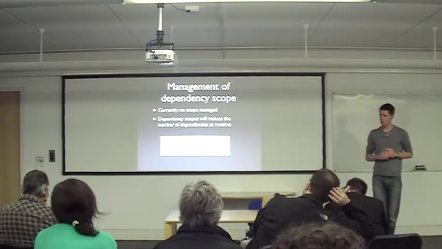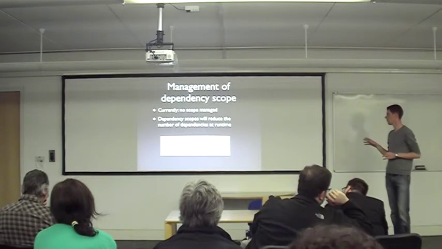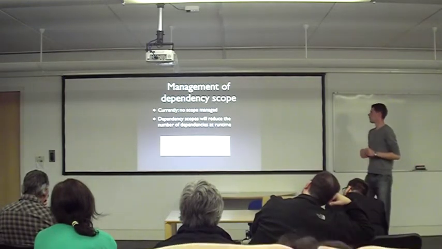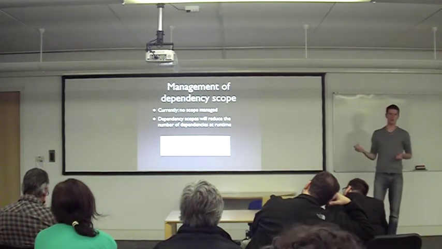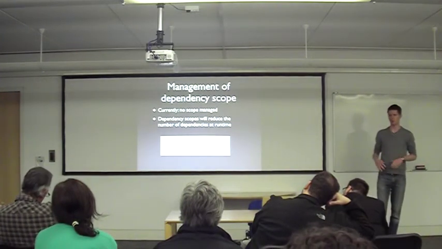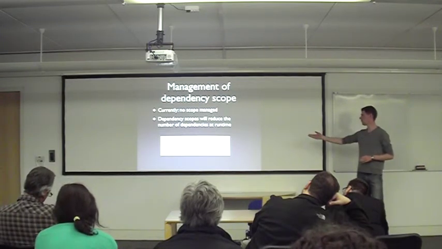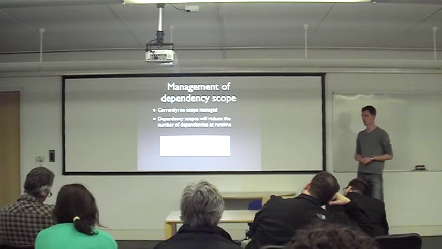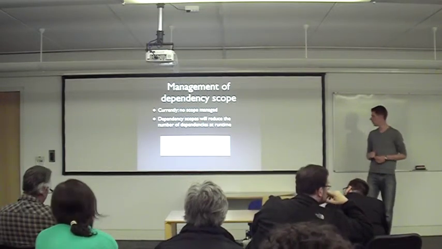Another thing we could do on dependencies is to manage dependency scope. We know that we have runtime dependencies, but we also have test dependencies. For example, in my test, if I use a mock library, I need it at development time, but I don't need it to run my software.